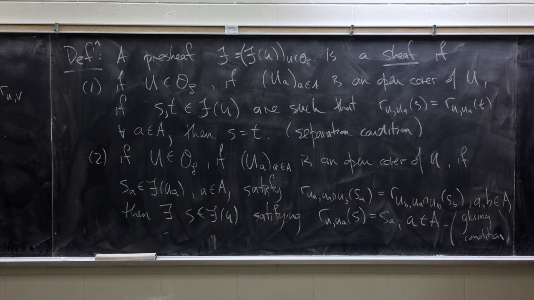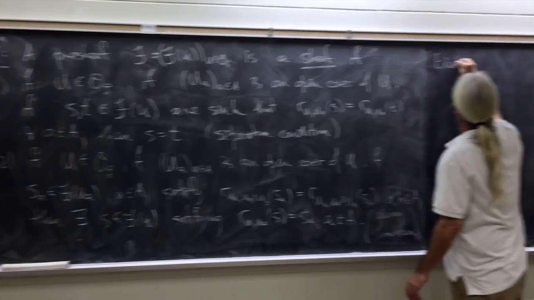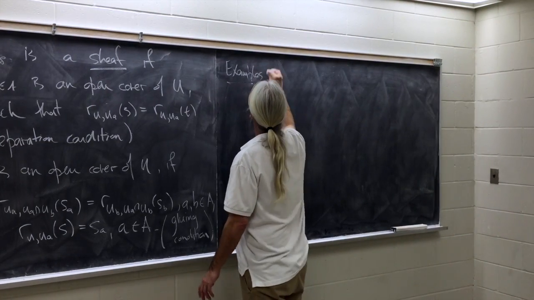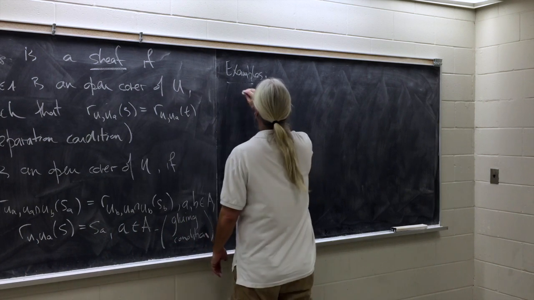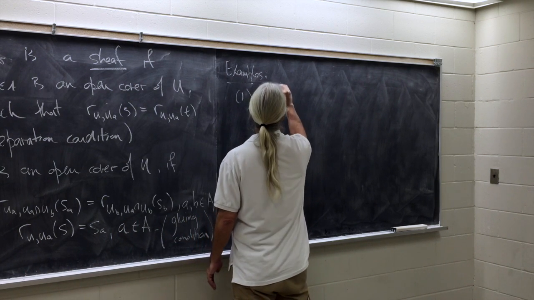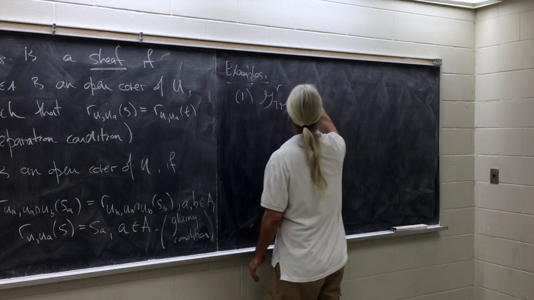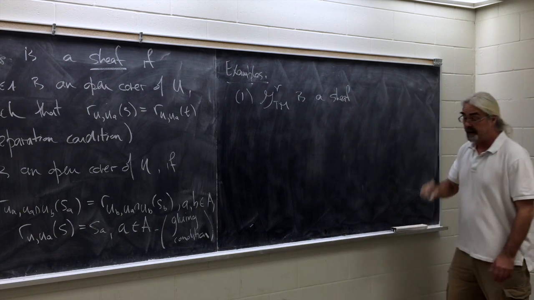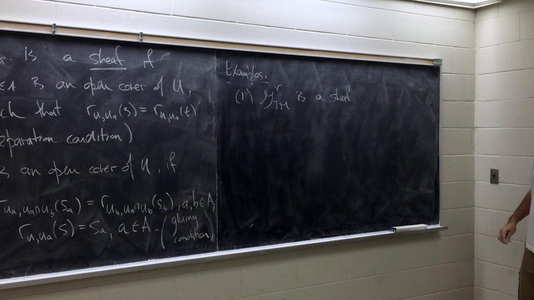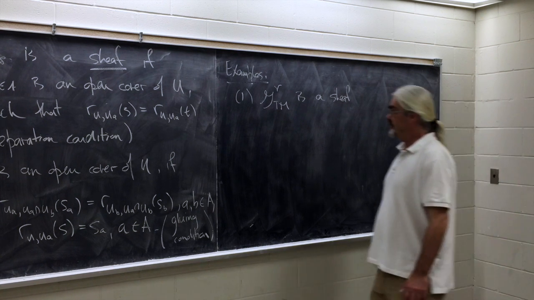So let's look at two examples. The first example will just be the declaration that this presheaf is a sheaf. I encourage you to check that if you don't see that immediately.